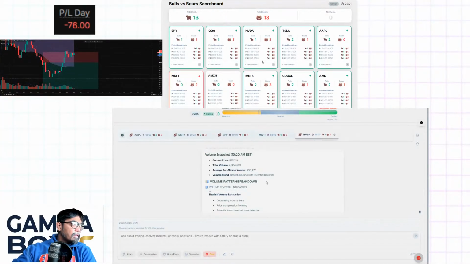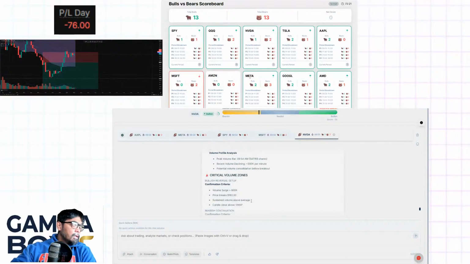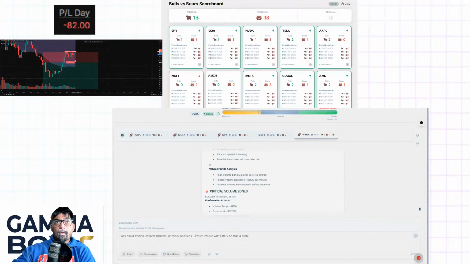So 4,000, potential reversal. Yeah, that's what I'm waiting on right now. If there is a reversal, then I'm going to get out of the 2 contracts I have left.